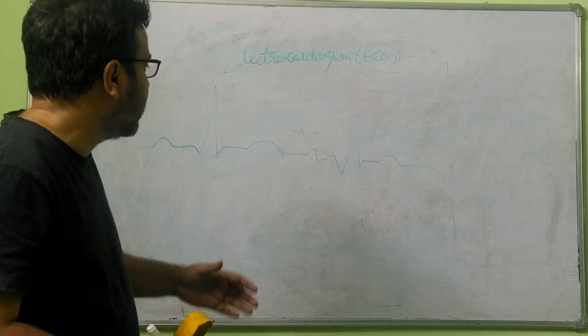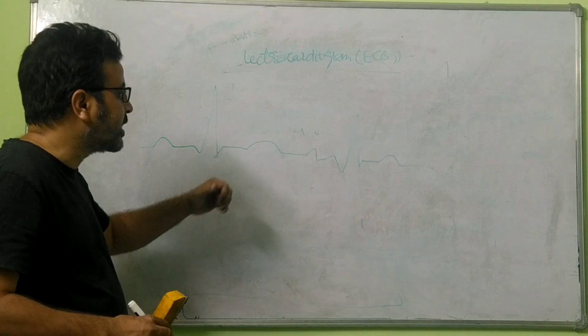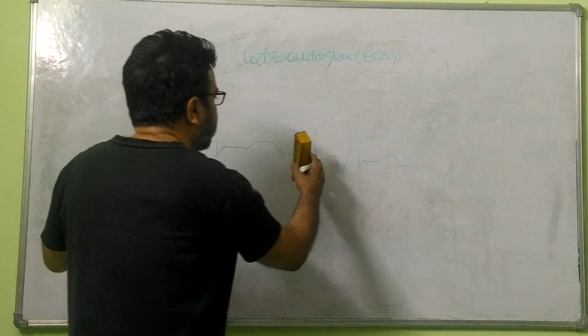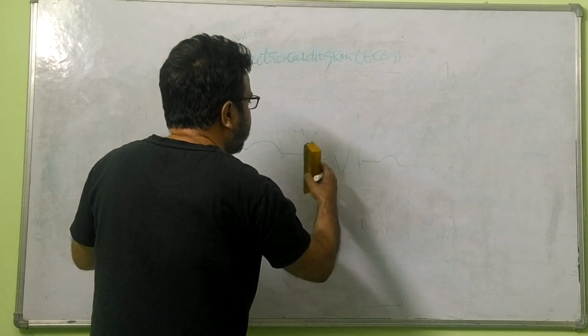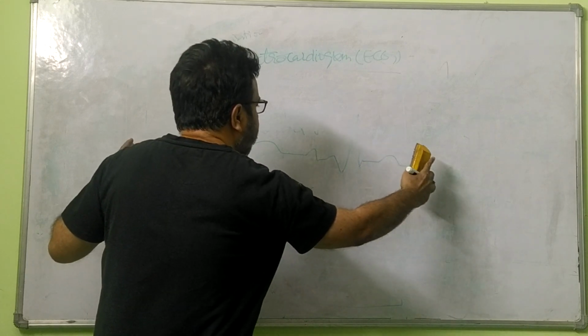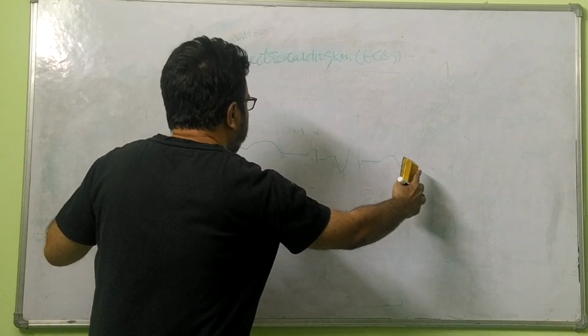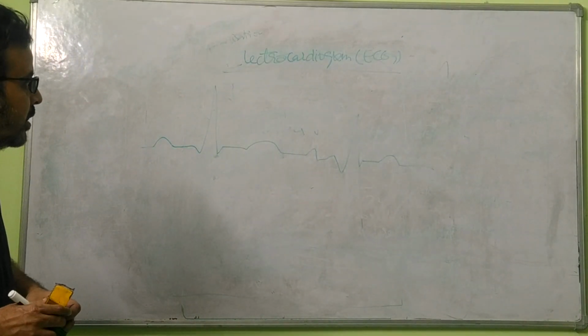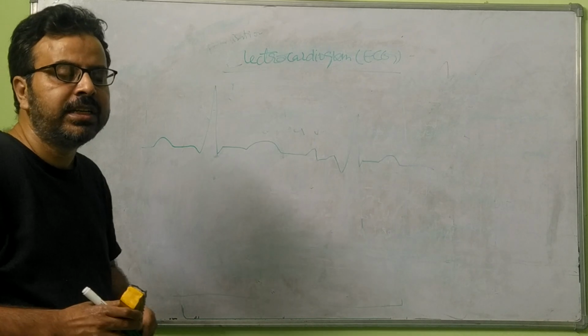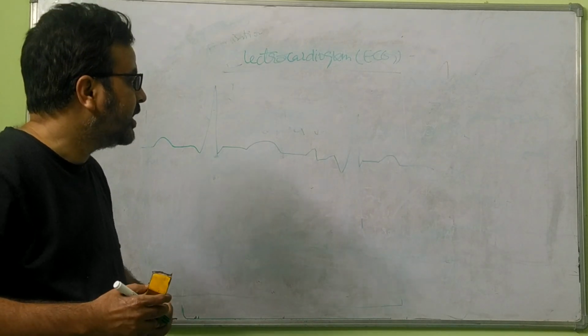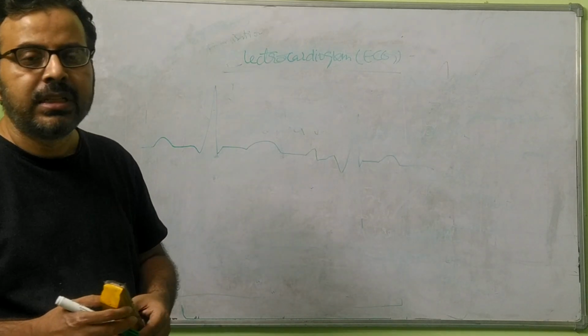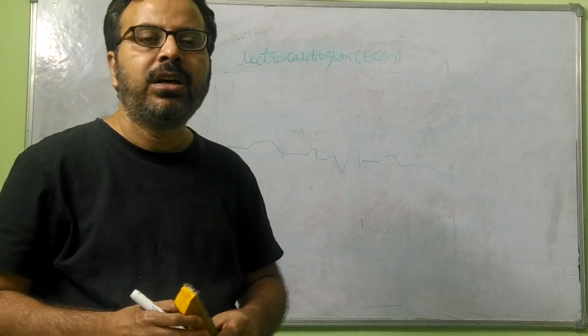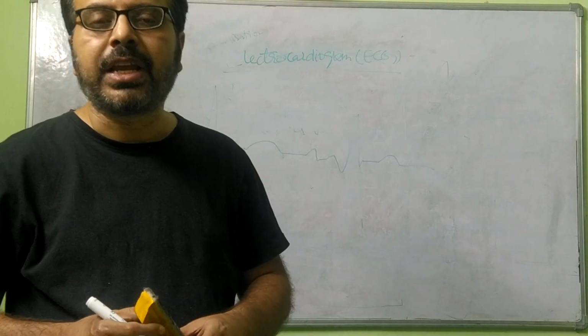So from here we can measure heart rate also, with the repetition of this PQRST: how many times this is repeated within a 1 minute period, that is called heart rate. So this is the physiological significance, and when this heart rate becomes less, that is called bradycardia, or more, then it is called tachycardia.